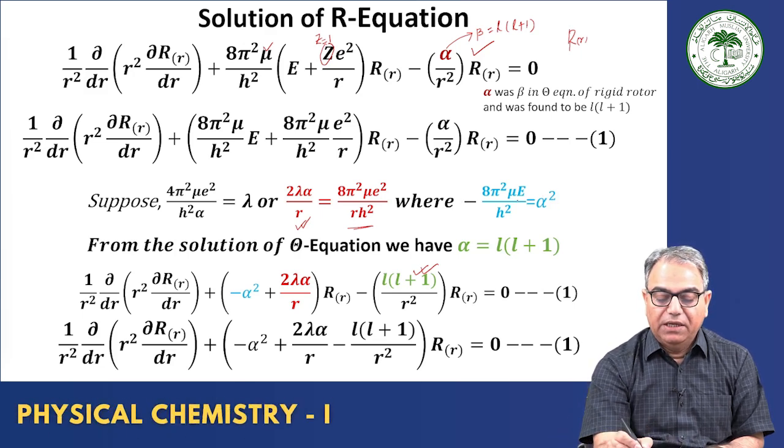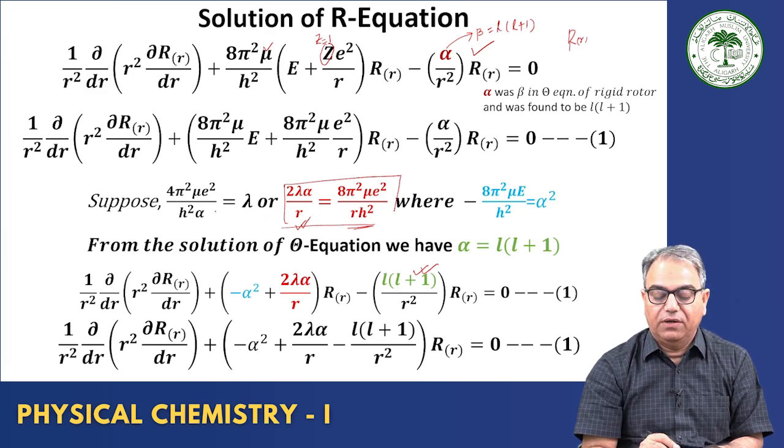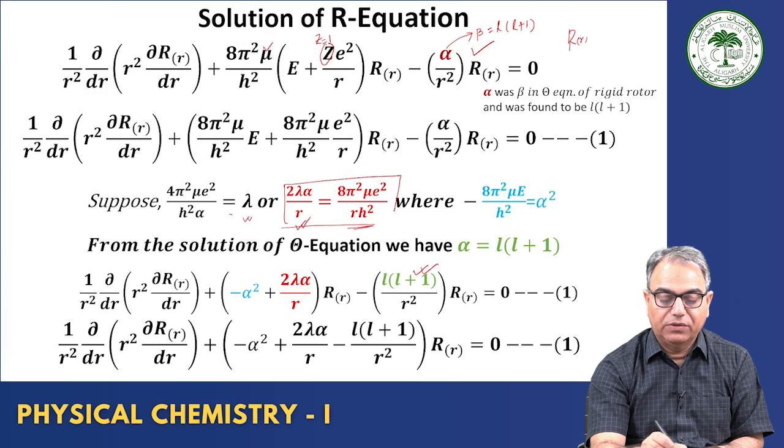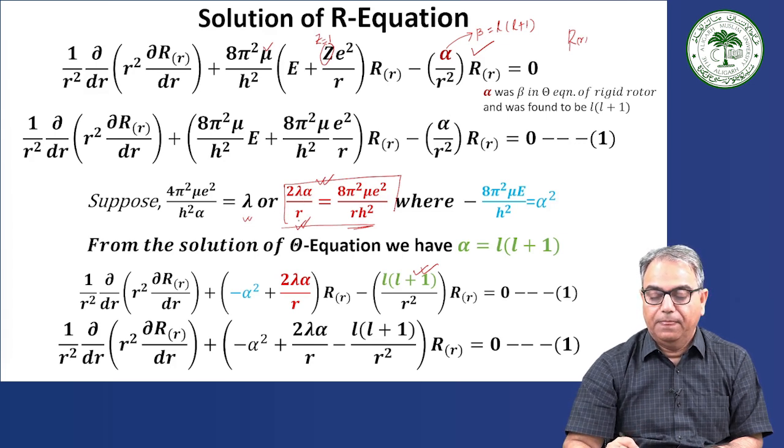If you suppose this, then alpha lambda becomes 4 pi square mu e square divided by h square. So what is the value of lambda? You can see from here. First, you let 8 pi square mu e square by r h square be equal to 2 lambda alpha divided by r, where alpha square will be minus 8 pi square mu E divided by h square.